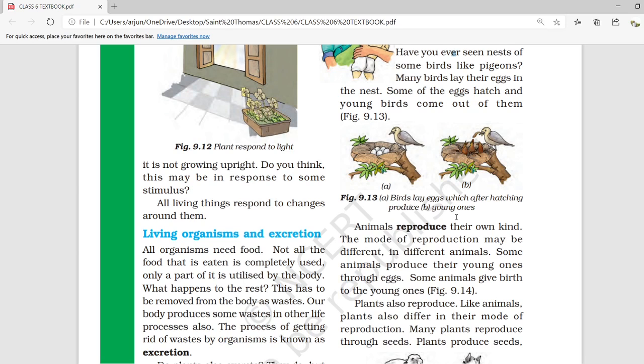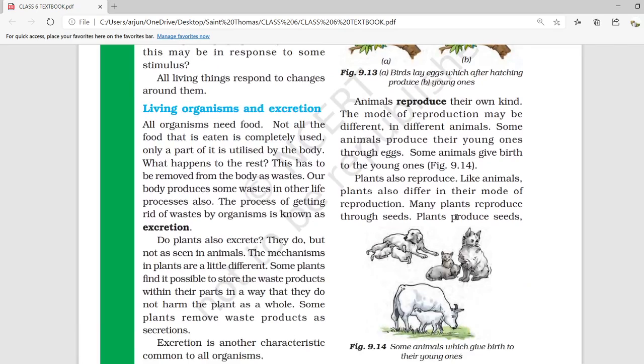Now, moving further to the topic living organisms and excretion. Now we will see the excretion process of living organisms. All organisms need food, right? Not all the food that is eaten is completely used. We as human beings also eat food, but that food is not completely used.